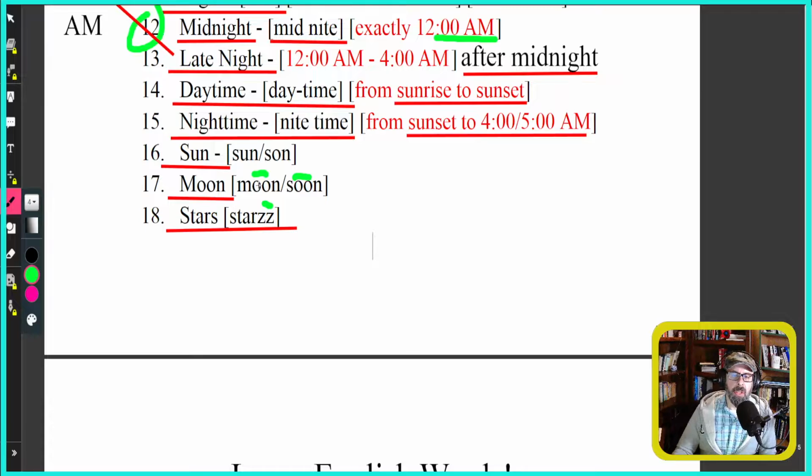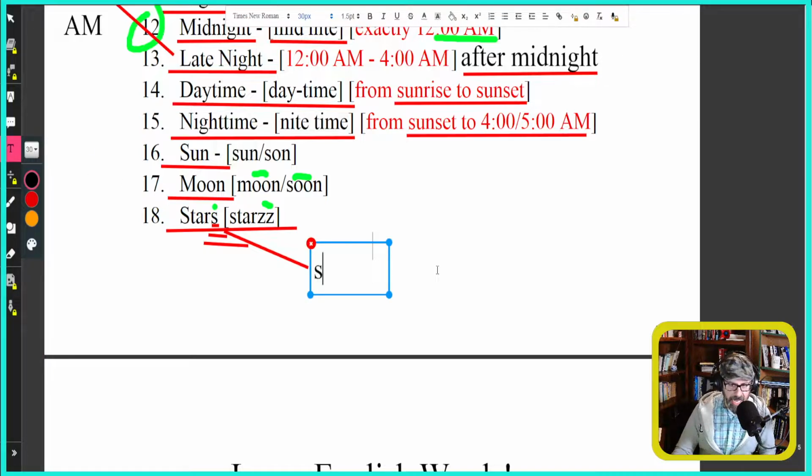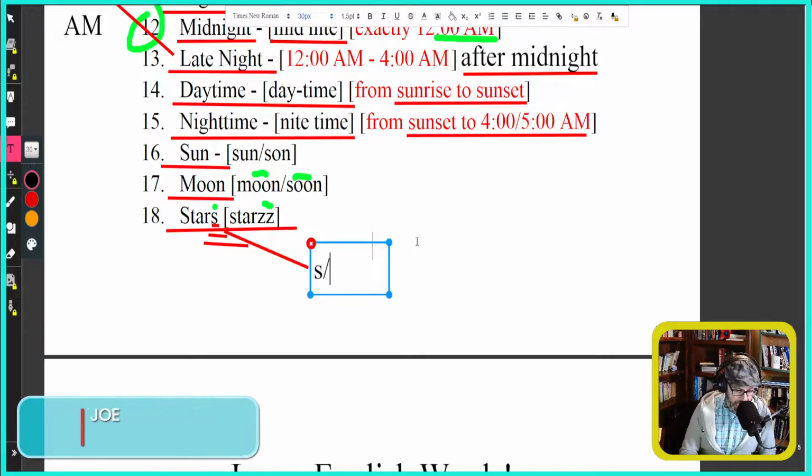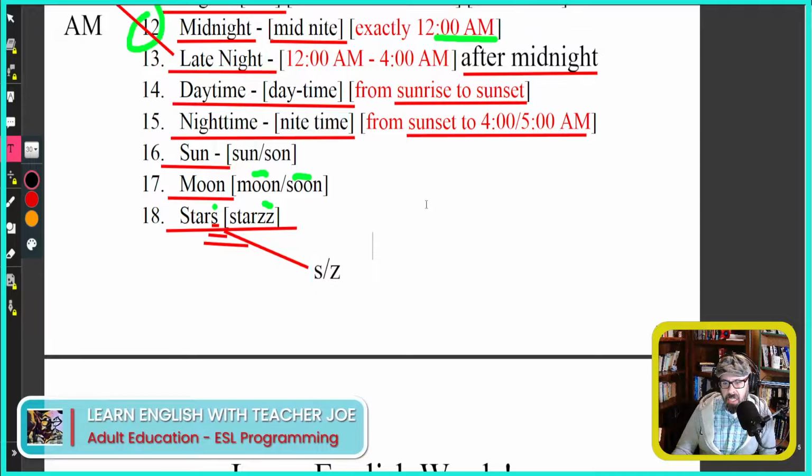So it has a Z sound at the end. Now it's strange because the letter is actually an S. So keep in mind that when it is S at the end, sometimes the S will sound like an S, and sometimes it will sound like a Z.